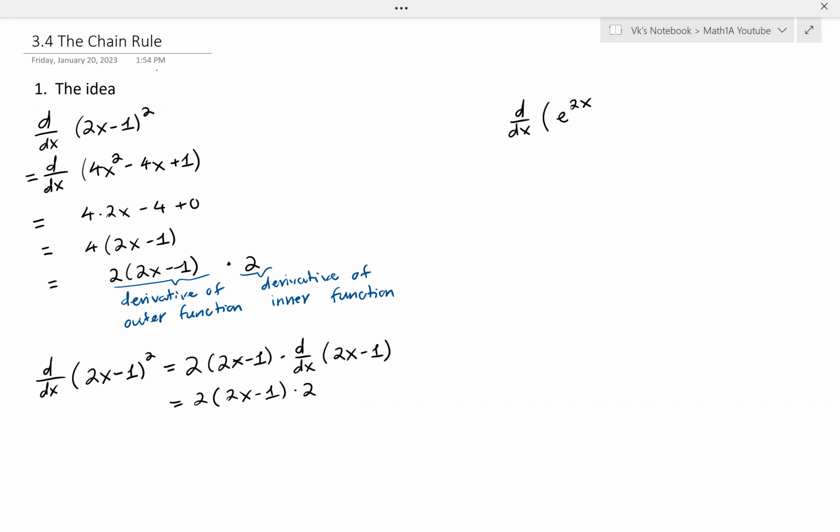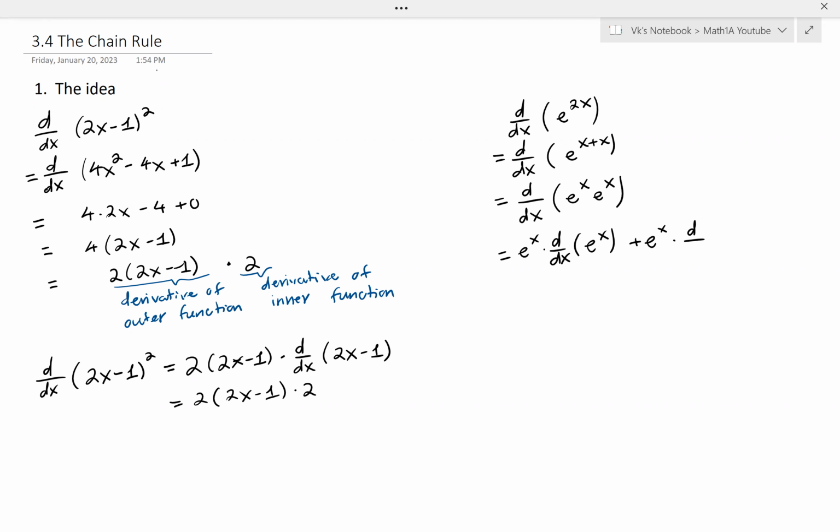Derivative of e to the 2x. So e to the 2x is e to the x times e to the x. Most of you know that 2x is x plus x. So using the exponential rule, it is the same as e to the x times e to the x. We use the product rule here. e to the x times the derivative of e to the x plus e to the x times the derivative of e to the x.